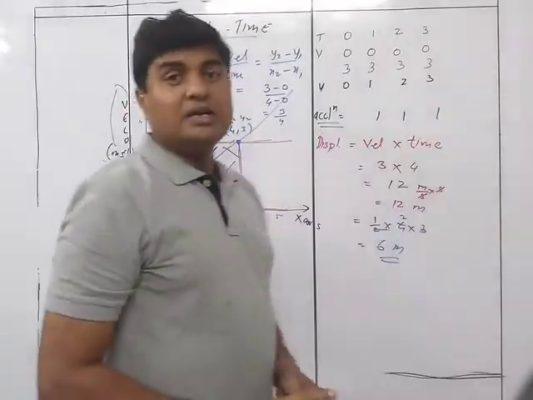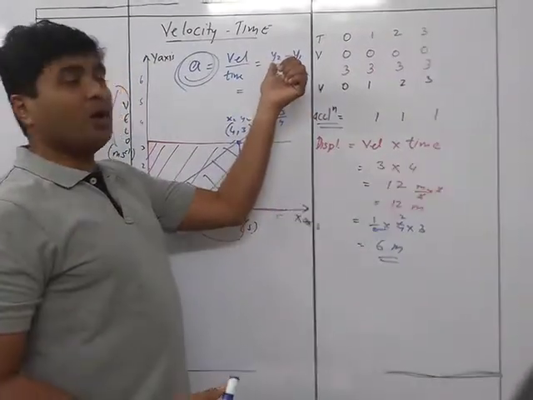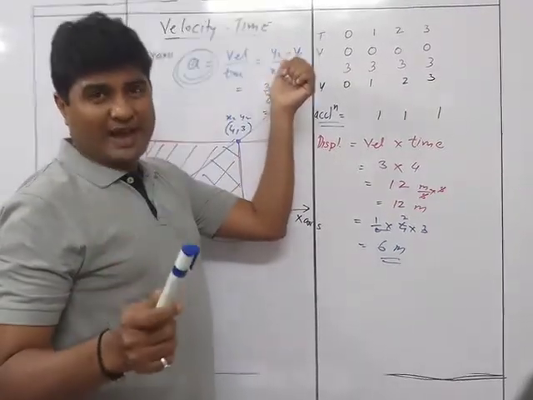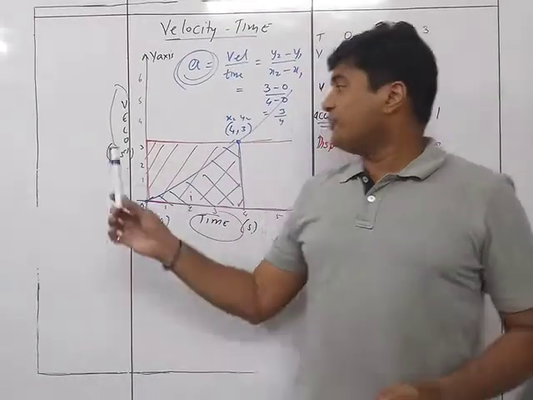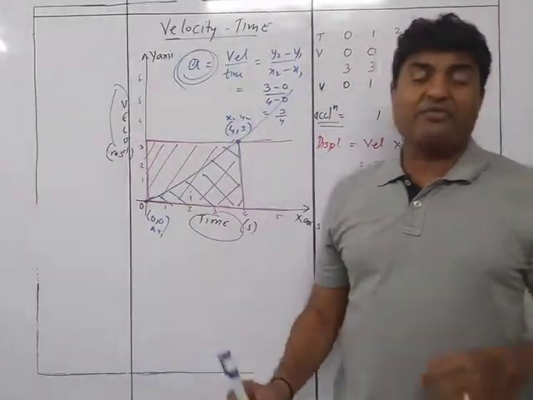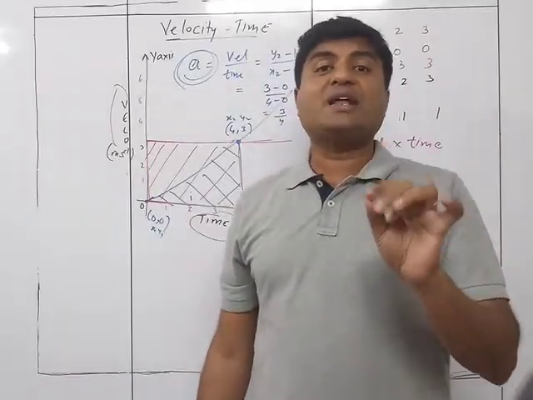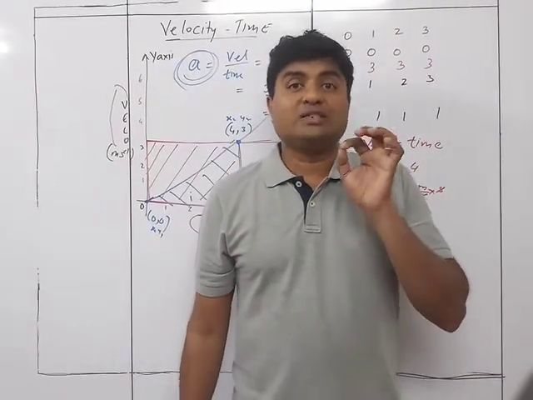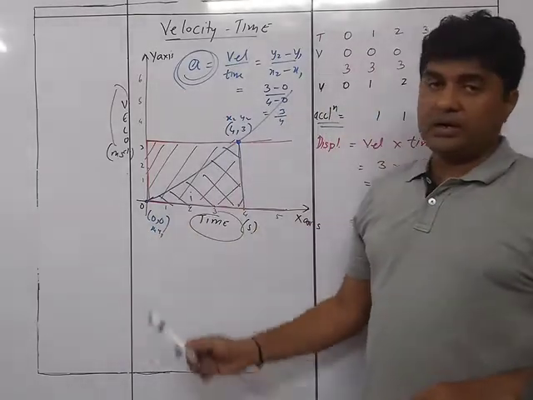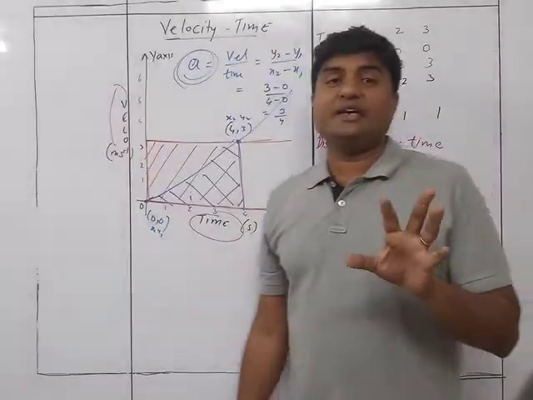So what is the formula for this? The slope of the line. The slope of the line in case of a velocity time graph gives you the acceleration of the body. So the slope of an inclined line over here gives you the acceleration of the body.